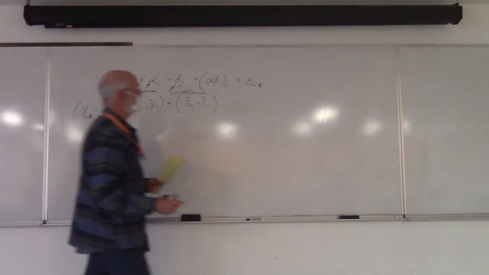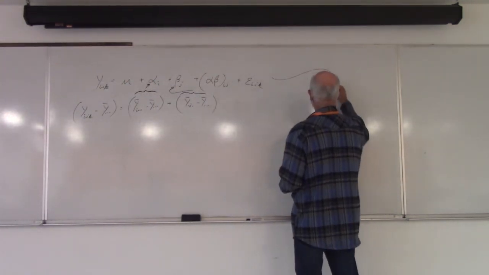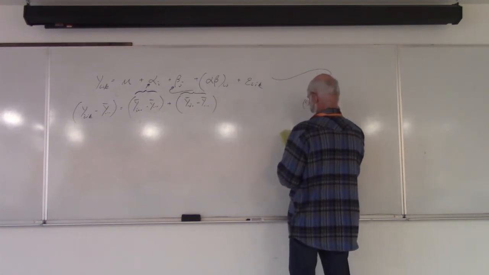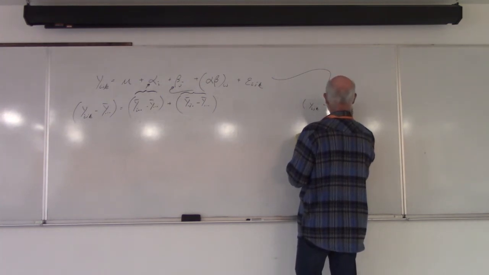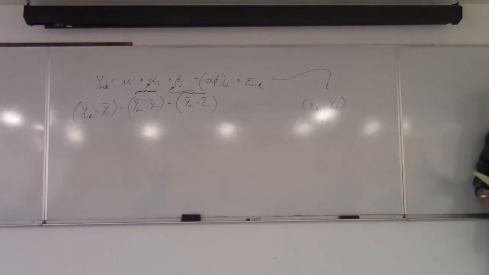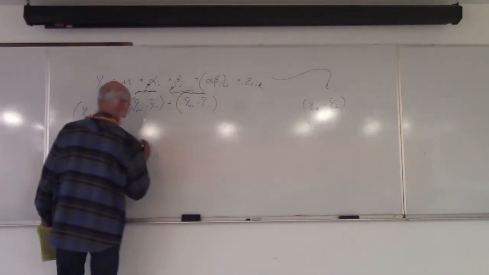Let's do the error term first. So my error term is going to be y_ijk minus y bar ij dot. Let's see, does that make sense? Let's remember what the structure of our data set was.